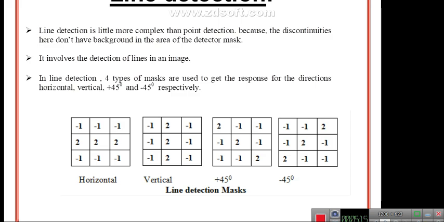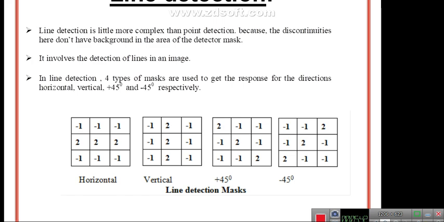Then line detection. Detection of lines is represented in terms of horizontal, vertical, plus 45-degree and minus 45-degree directions. Four types of masks are used to get the response for these directions. The mask for detecting a horizontal line is minus 1, minus 1, minus 1, 2, 2, 2, minus 1, minus 1, minus 1.